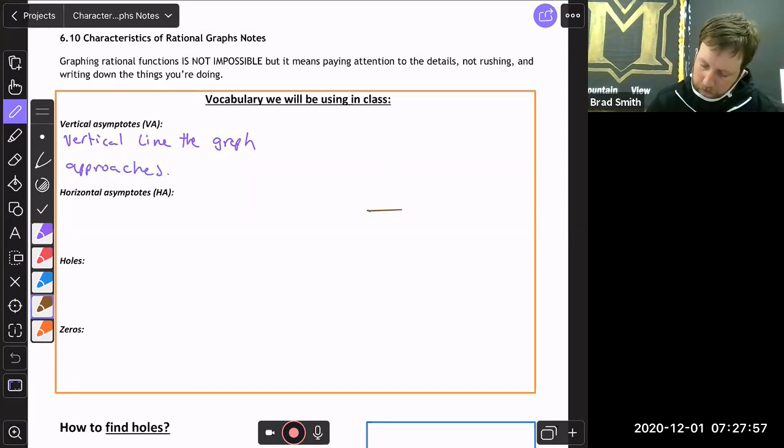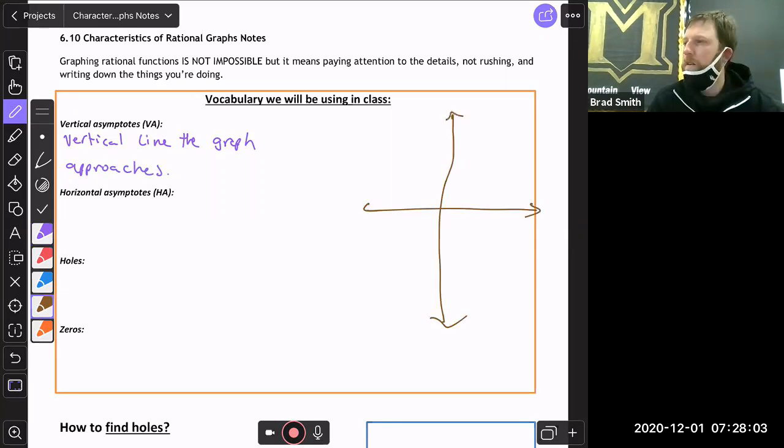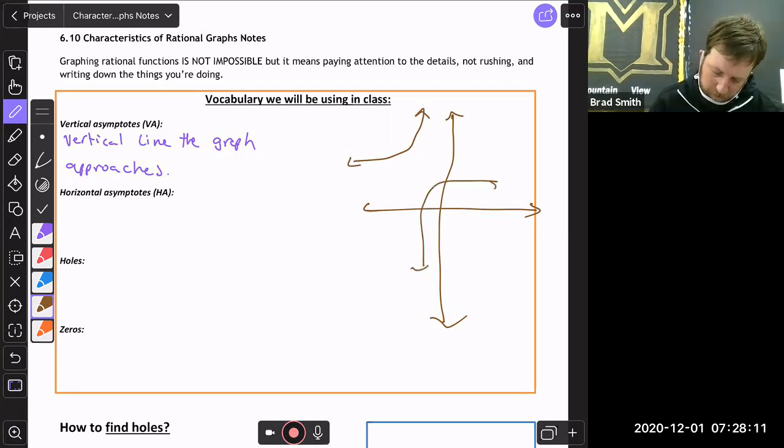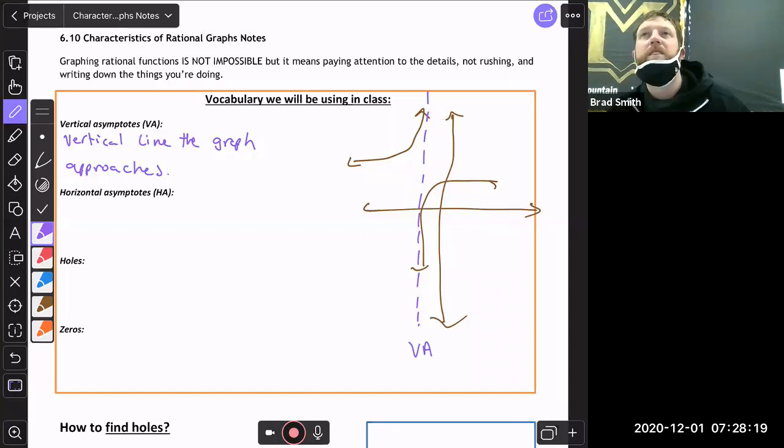So while y'all are writing that down, I'll get kind of a sketch. Imagine that straight. There's no curve in it. So we'll say that is a vertical asymptote. You see it's a vertical line that the graph approaches but does not cross.